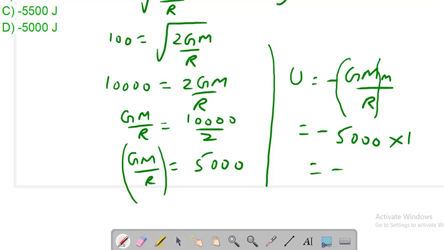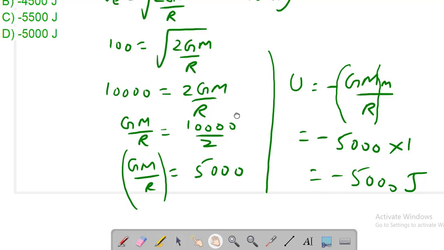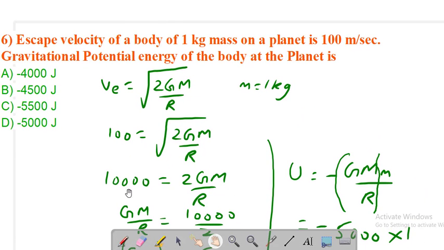So minus 5,000 into 1 is minus 5,000 joules. So this is the answer, minus 5,000. So here option D is the correct option.